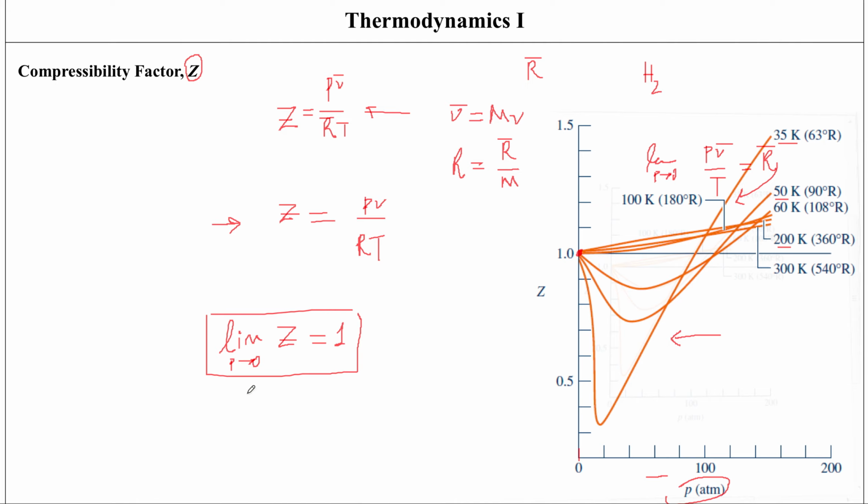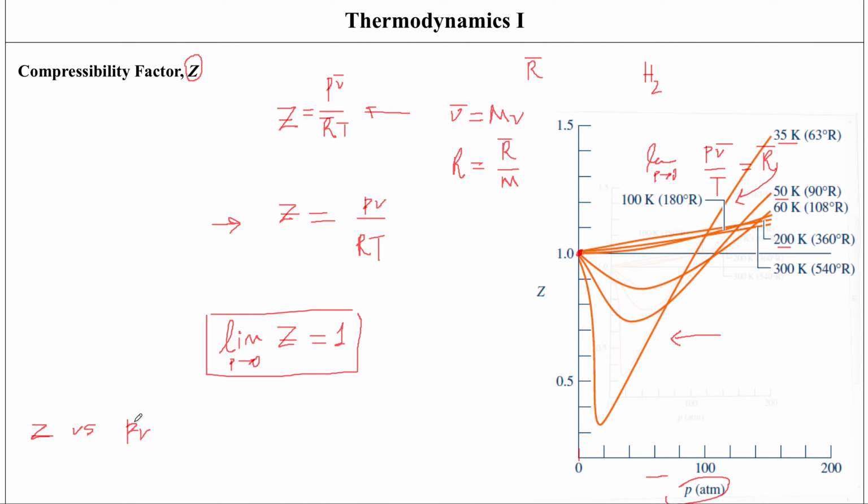And one of the ways to do this is to change the variable on the x-axis, so that we look at the compressibility factor Z on the y-axis versus a dimensionless reduced pressure on the x-axis.